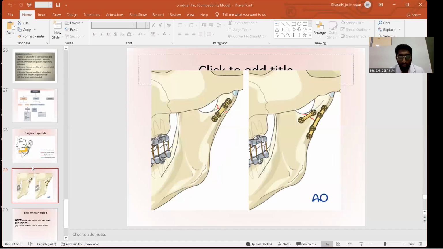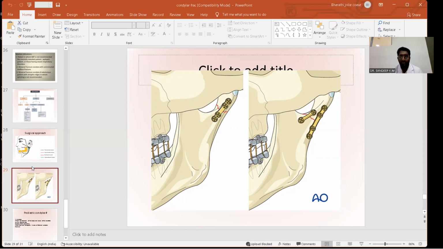So in this picture, we can see how we fix the condylar fracture. Most of the condylar fractures will be displaced because of the pull of the lateral pterygoid muscle.